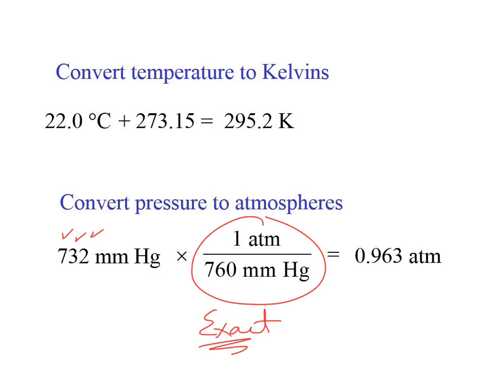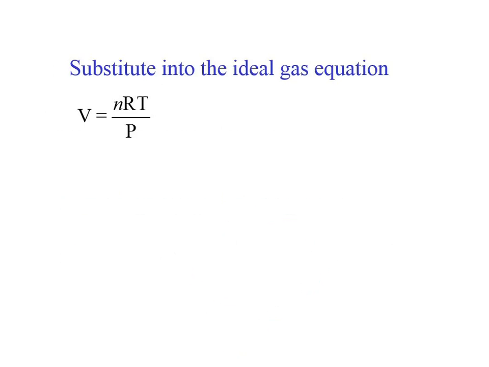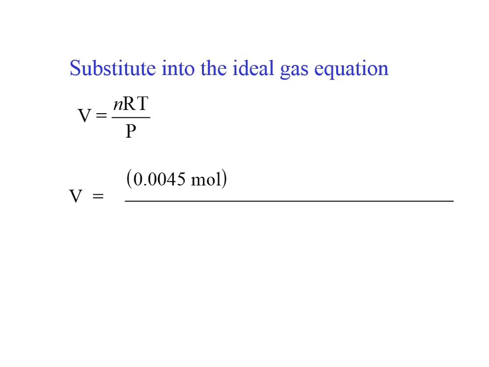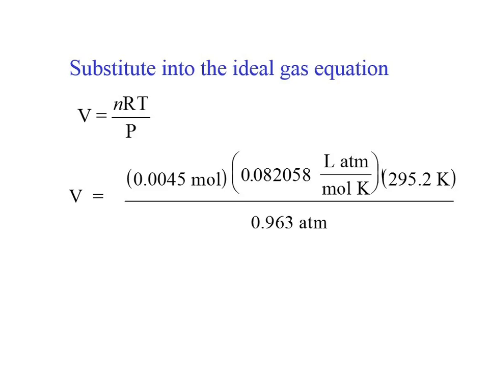That works. Now we're ready to execute, finally. But remember, when you substitute in, you have to include the units. So n is 0.0045 moles. R in the numerator also is 0.082058, with units of liters atmospheres per mole Kelvin. The Kelvin temperature we had was 295.2 Kelvin.